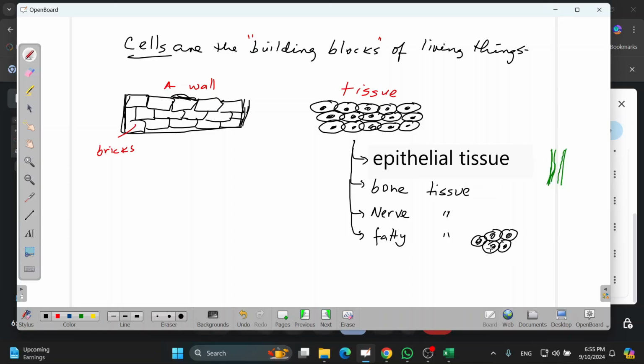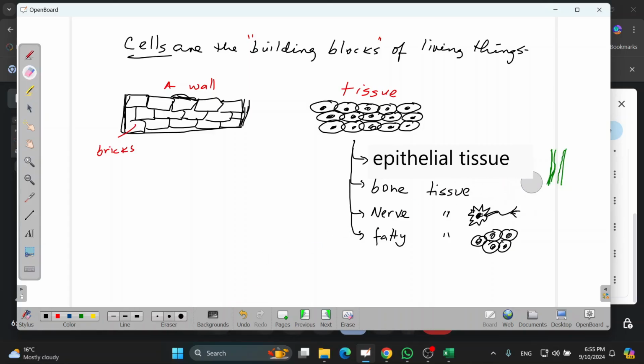Some of them don't even have a nucleus. Nerve tissue is made up of neurons, which look like this. See, some of them have kind of a tail. Bone tissue are kind of long cells like this. They just pile up together to make your muscles.